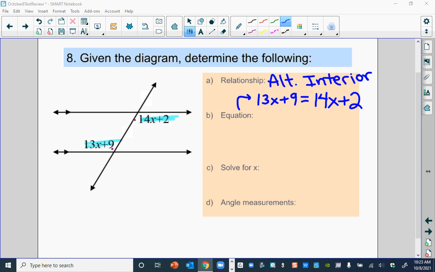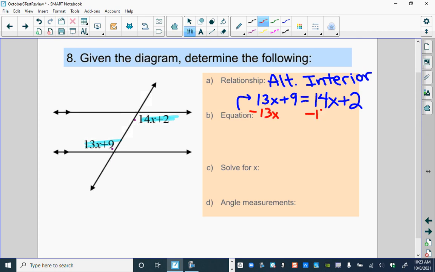Just to make sure, I heard about three of us said x equals 7. What will be our first step here? Subtract 13x on both sides. Good.